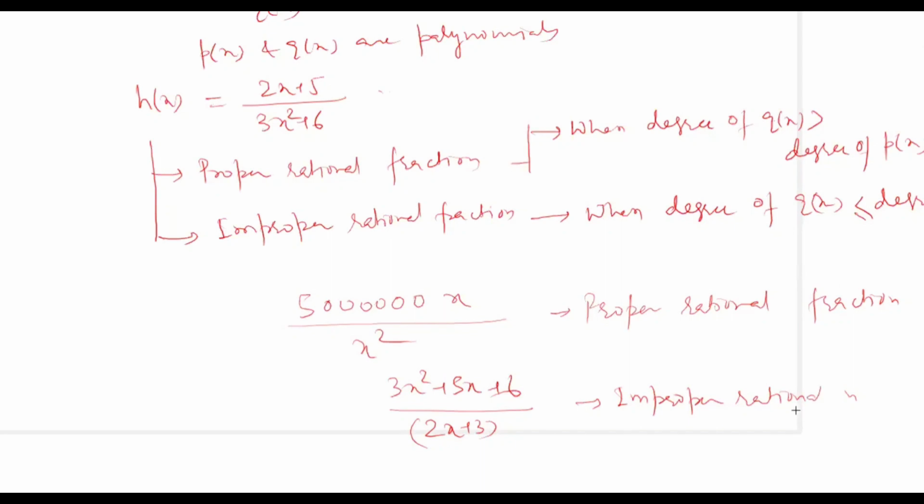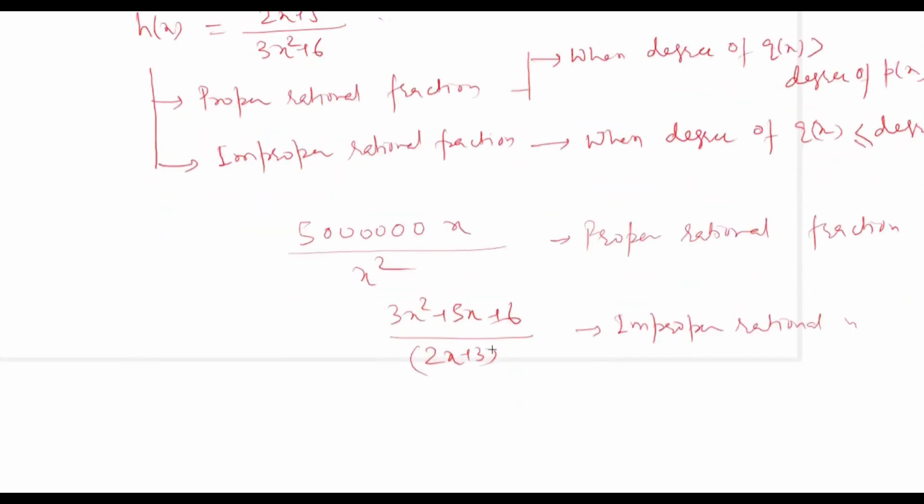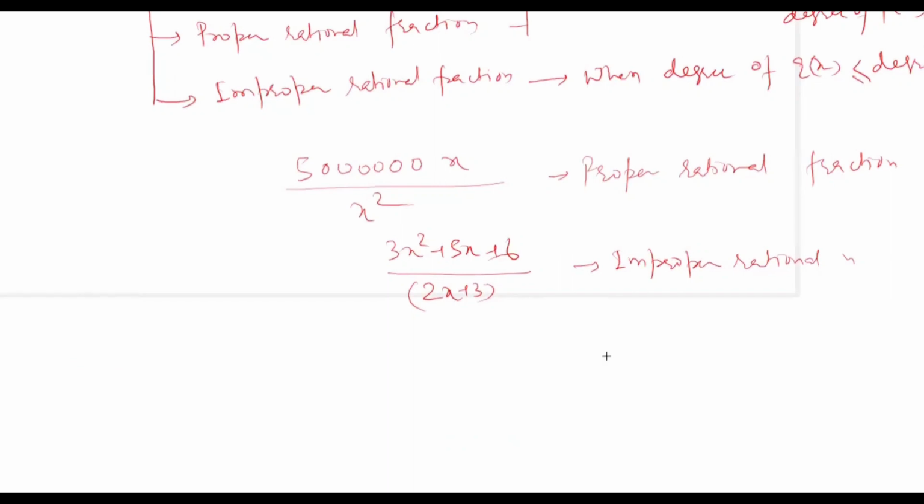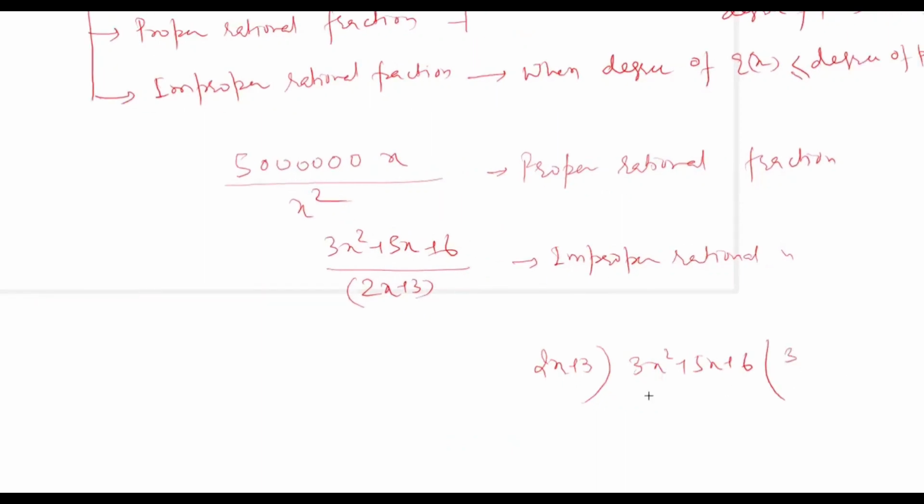The thing is that you can actually convert an improper rational fraction into a proper rational fraction by just dividing. So if I decide to make it a proper one, what I will be doing is dividing it. So this will be 3x squared plus 5x plus 6, and I'll be dividing it by, say, 3 by 2. So this will become 3x squared, and this will become 9 by 2 x.